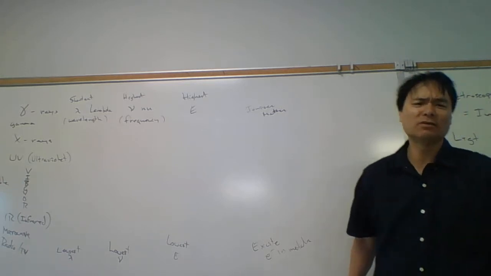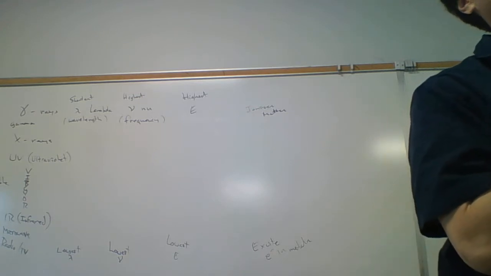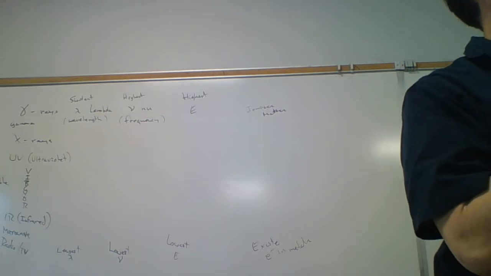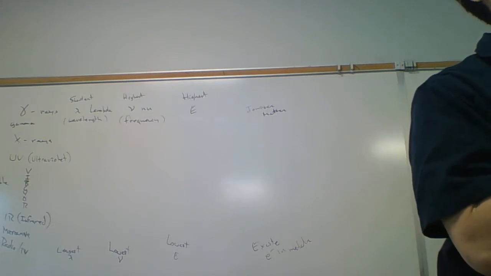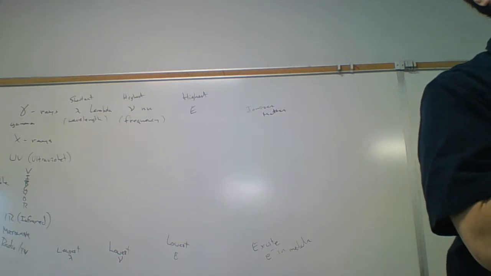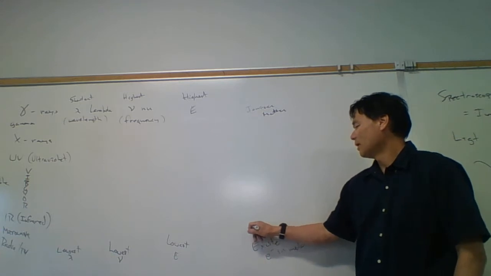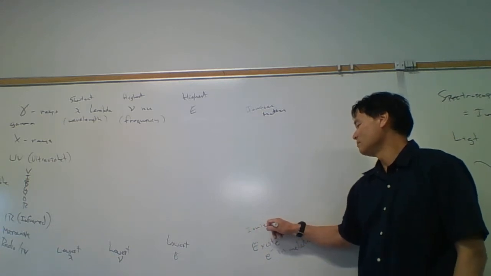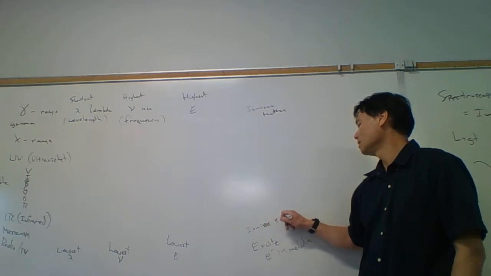If you put metal into a microwave, do you know what happens? You ever put metal into a microwave? Sparks fly. So maybe the electrons are getting too excited, they're going to get ionized. So microwaves can ionize electrons in metals.